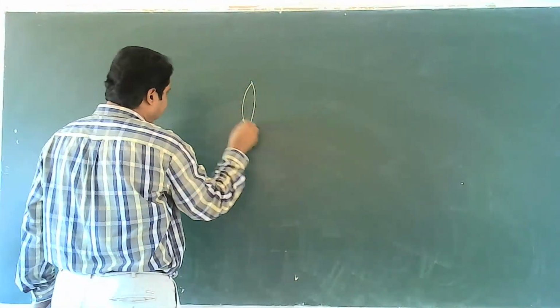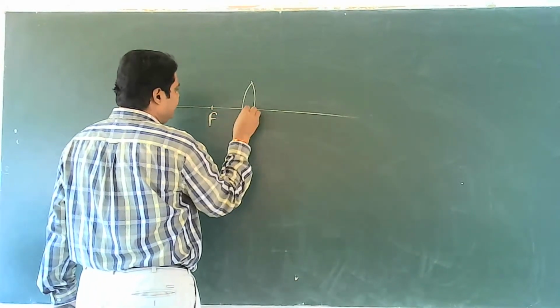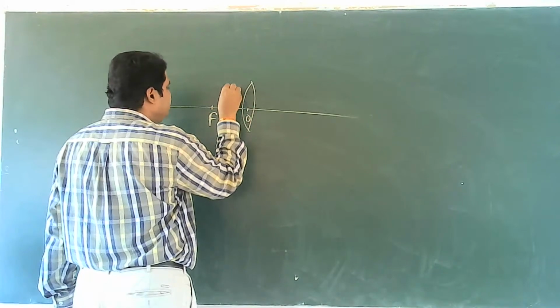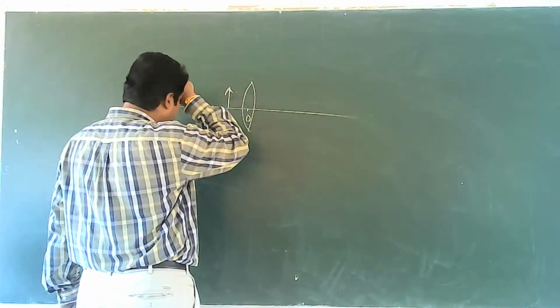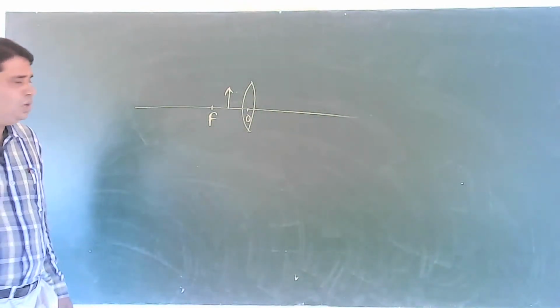When you place the object somewhere near F, this is O, object somewhere here. What do you observe?